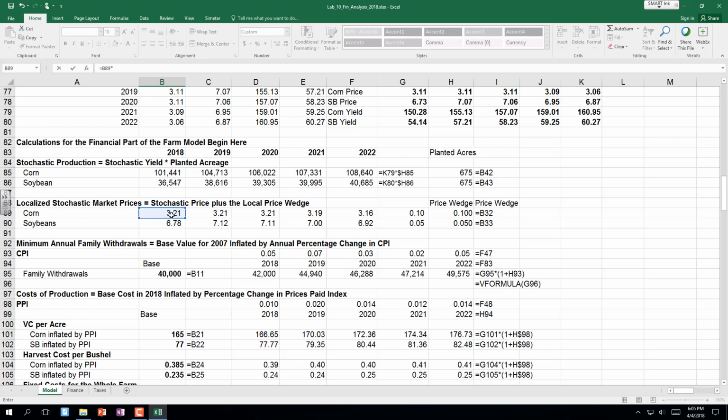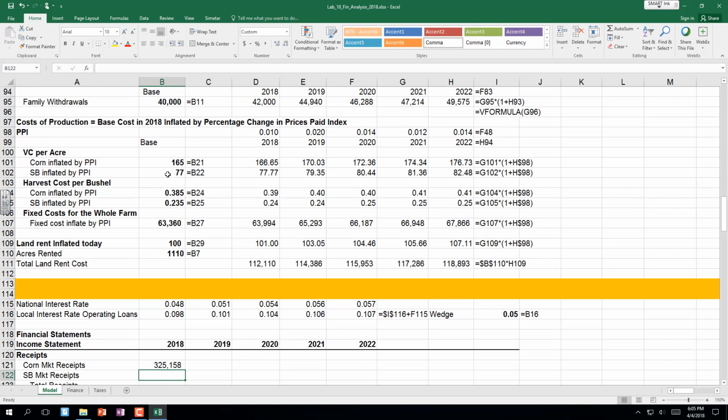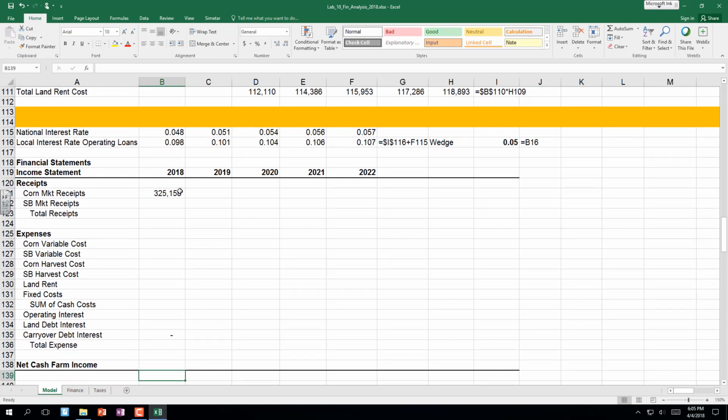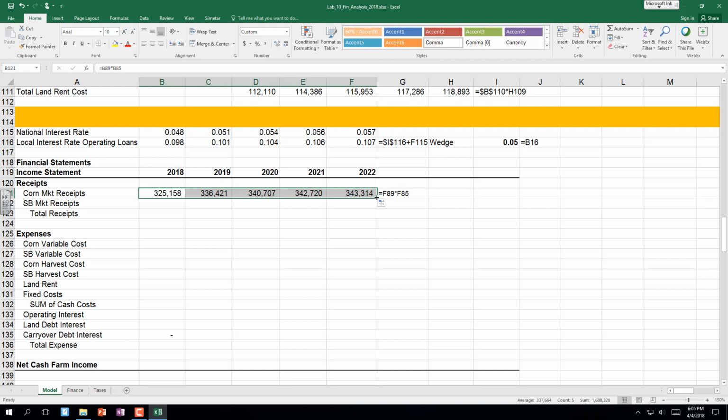And I'm going to multiply it by the production. Happens to be in B85. If I hit enter, I get $325,159.